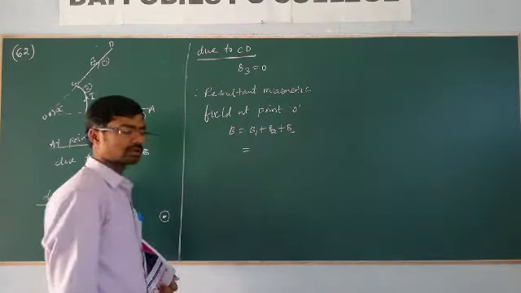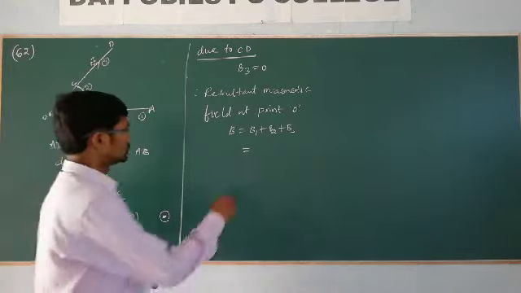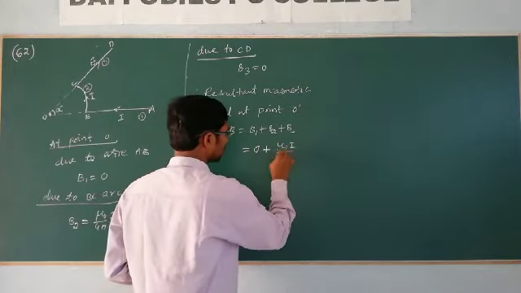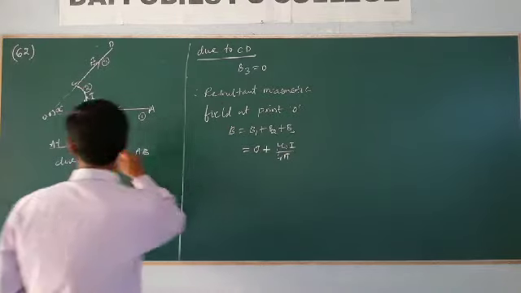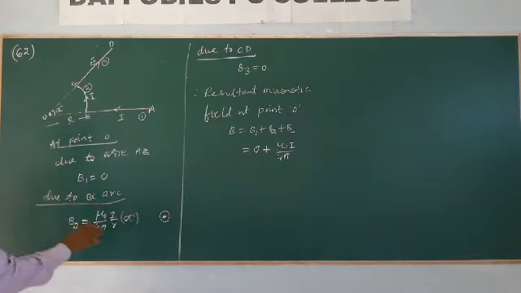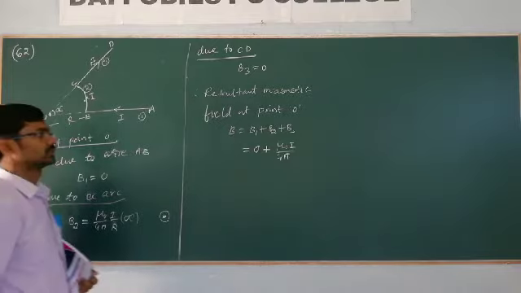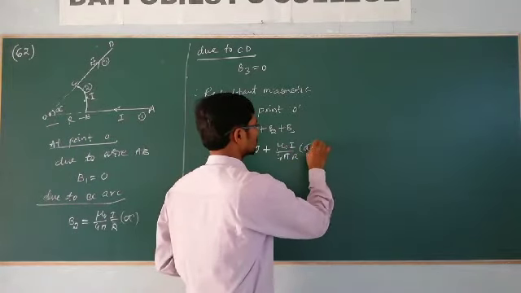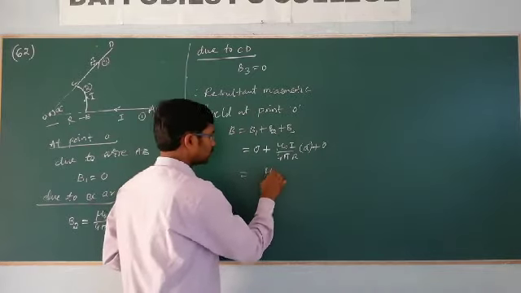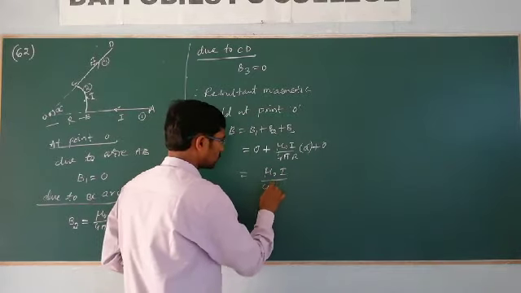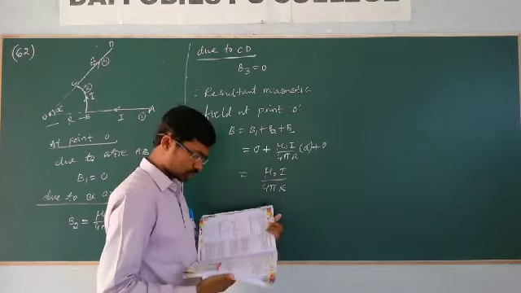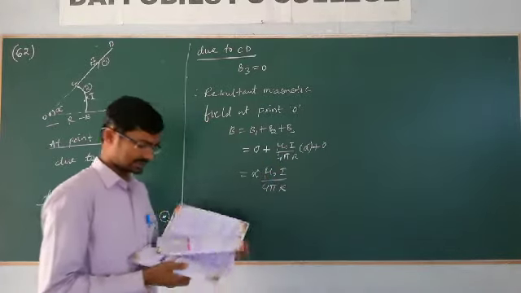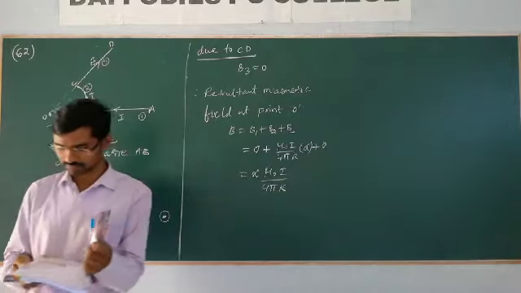That is equal to B1 value is what? 0 plus mu naught I by 4 pi into this value is given R. Capital R is given in diagram. Then R into alpha plus 0. Then mu naught I by 4 pi r into alpha. Alpha is given first, which is second option is correct.